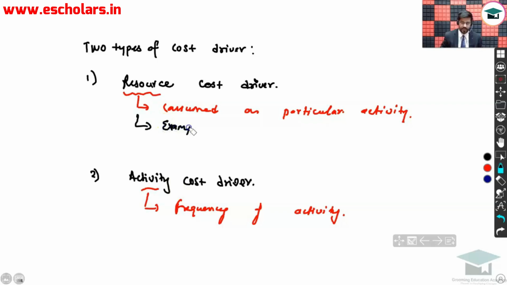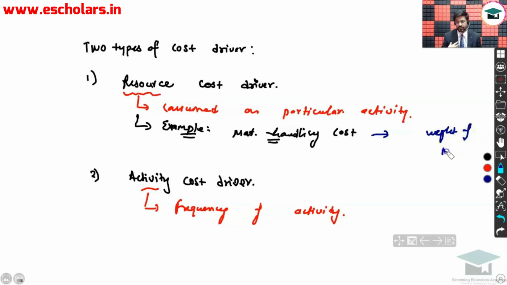Now I hope you remember this material handling activity. What is this material handling activity? To handle the material, to take the material from one place to another. Now this material handling cost depends on what? Sir, material handling cost depends on weight of material. Weight of material.